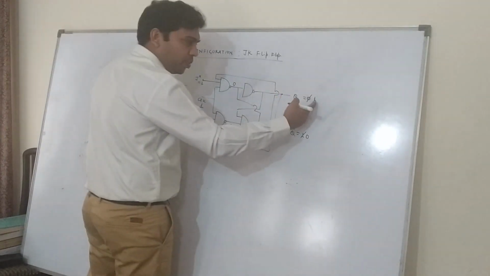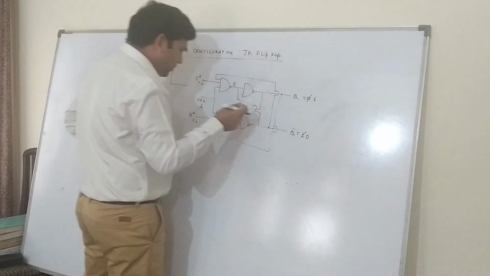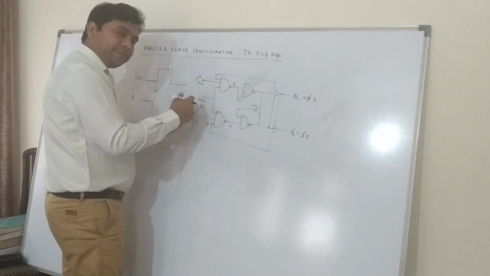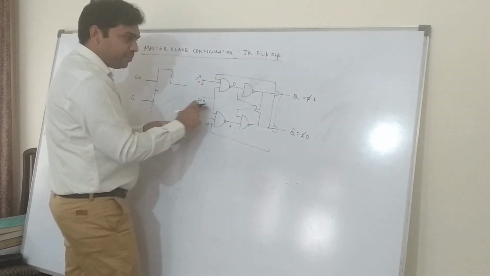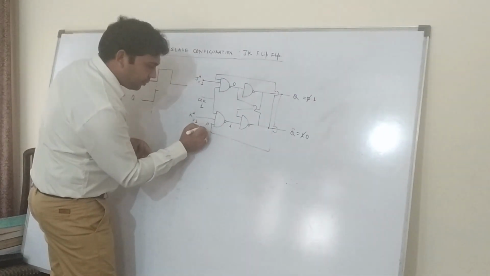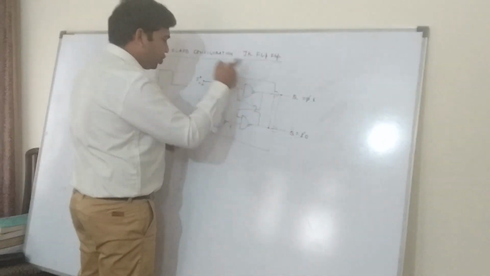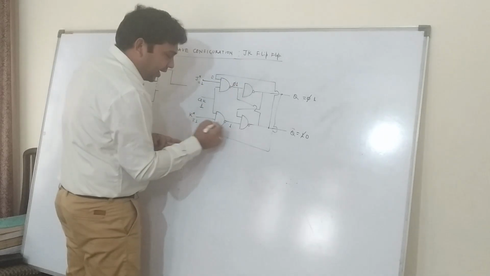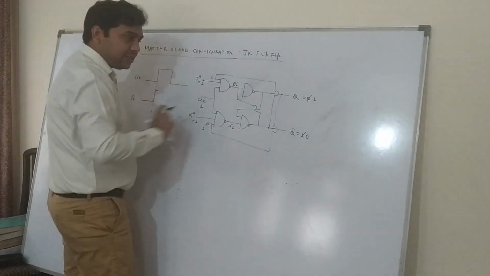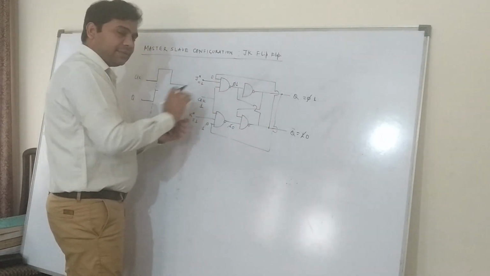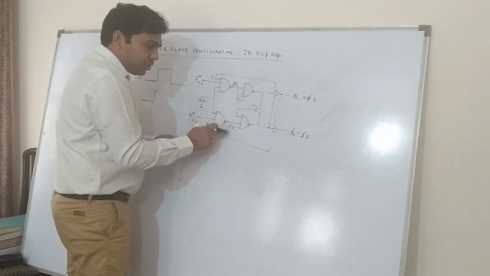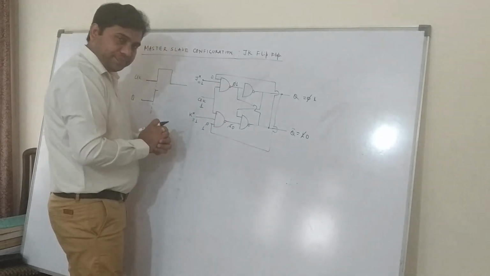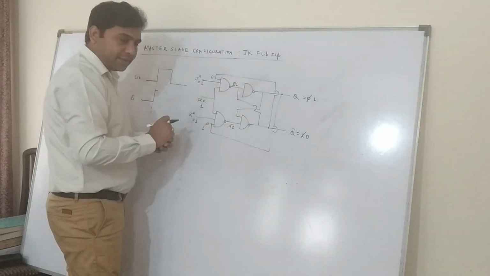As soon as the output becomes 1 and 0, since the feedback is continuously there, and the clock is 1, this 1 will go here, and then this 0 will go here, which will make this 1, and which will make this 0. Since this feedback is continuously there, this output will continuously change depending upon the delay of the circuit.